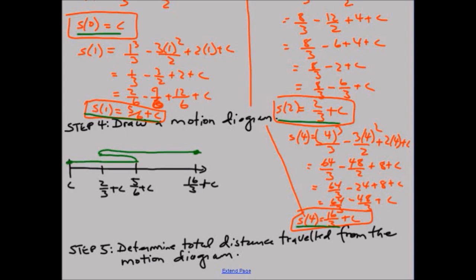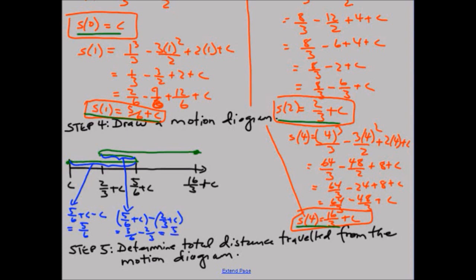We have to calculate from here to here. So that is 5/6 plus c subtract c, which is 5/6. Then we have to calculate this portion, which is 5/6 plus c subtract 2/3 plus c, which is 5/6 plus c, subtract 2/3, subtract c. Okay, so those cancel.